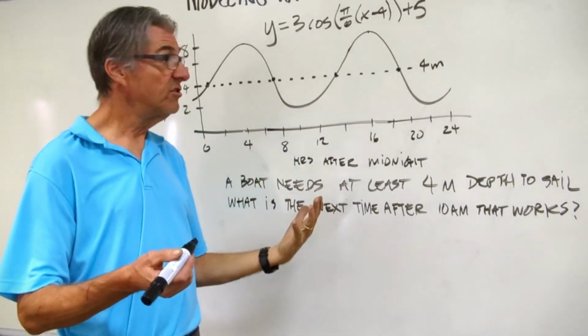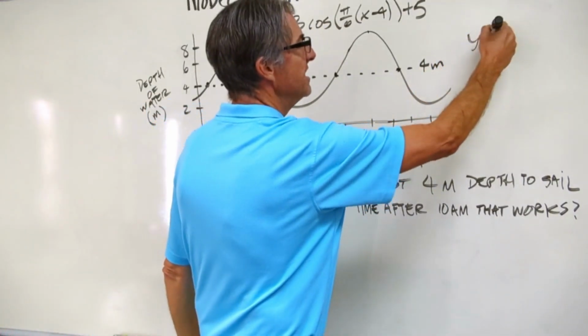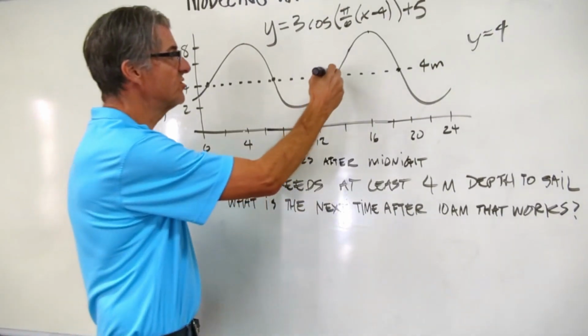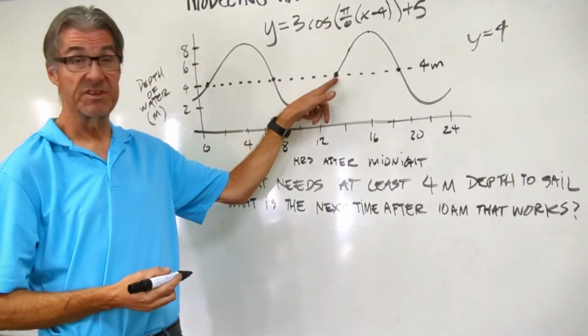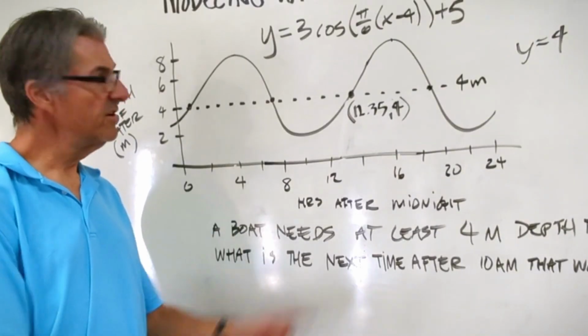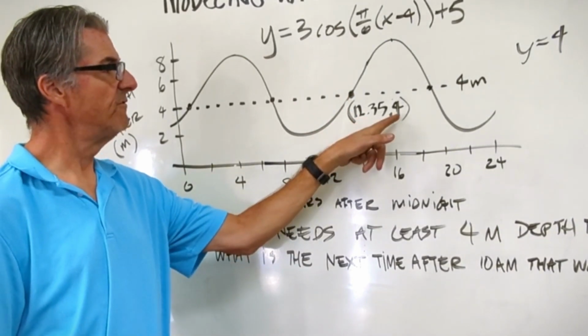Now, what I'd like you to do is put these 2 equations, this one and then y equals 4, into your graphing display calculator and use your trace function or your intersection function to find out what the hours are for that one. All right, so when I get my intersection point right there from my calculator, I get 12.35 and 4.